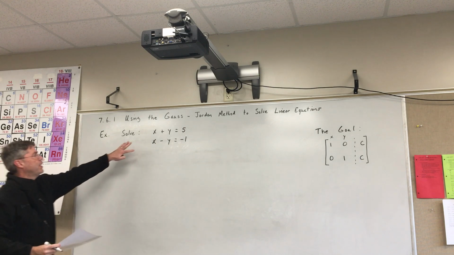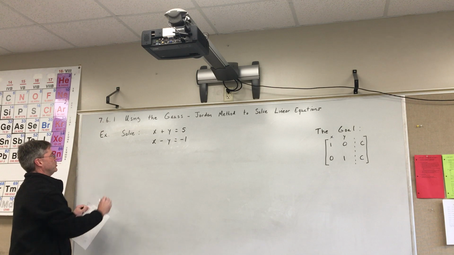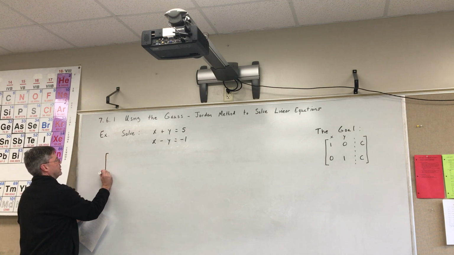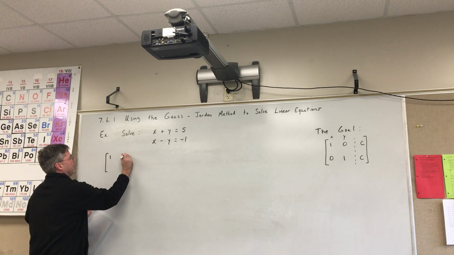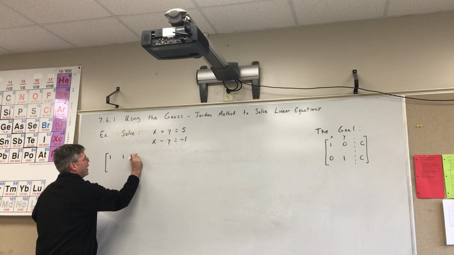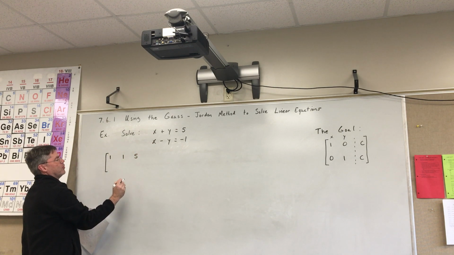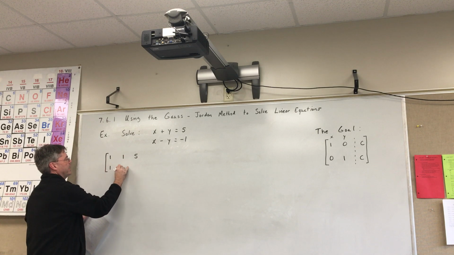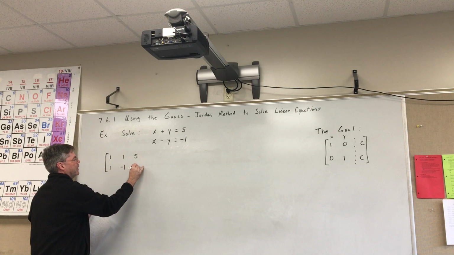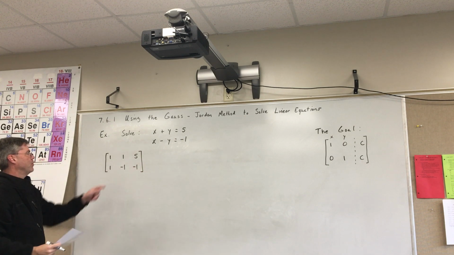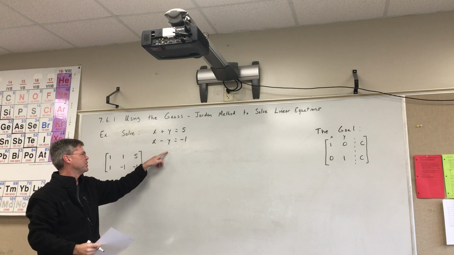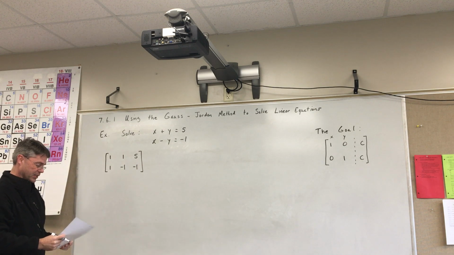So we're going to turn this system into a matrix. Okay, so we've got in the x column, we've got a 1, 1, and 5, for our first row, and then 1, negative 1, negative 1 for our second row. Just taking the coefficients in front of x, coefficients in front of y, and then the constants.